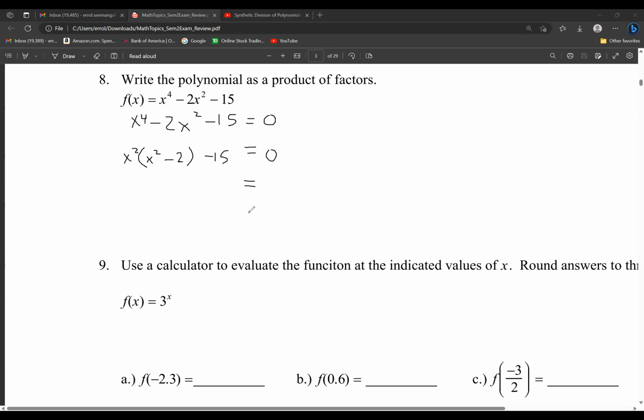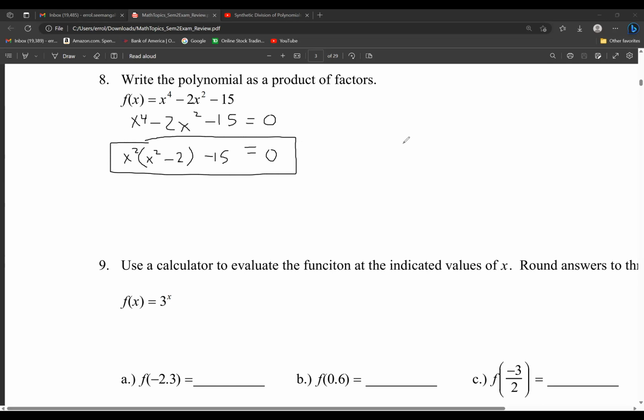Okay, so it says write the polynomial as a product of factors. So we cannot break this one down. We can't break that one down. We can't break this bracket down. It's not a difference of perfect squares. x^4 minus 2x, yeah, we can't break that down any further. Okay, so that's it. There's your factors right there. So that's the final answer right there.